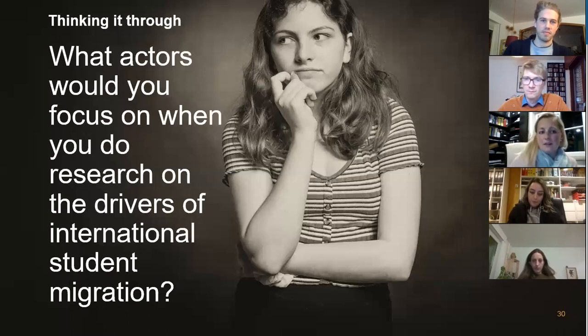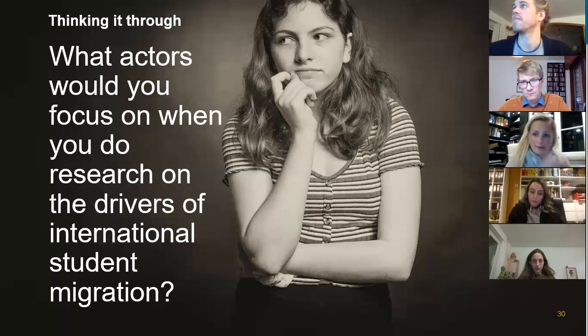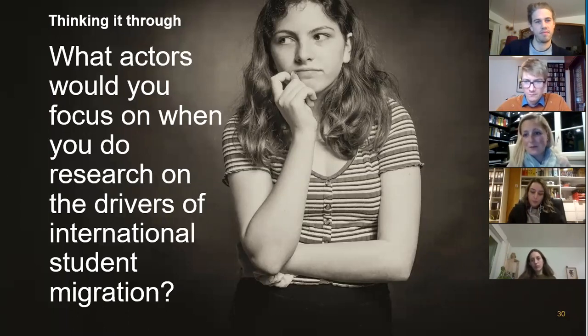So if it's very expensive, like maybe in the US, or it's very inexpensive or even free, like in Austria, this will be a big driver or showstopper.